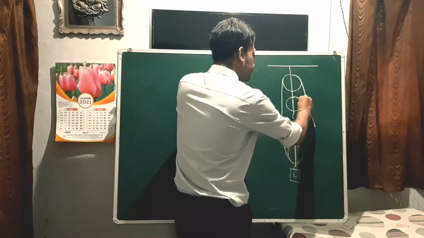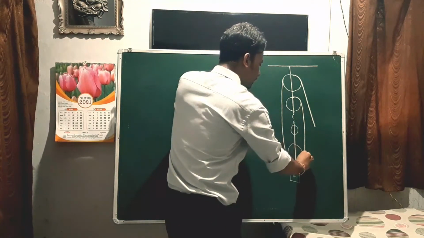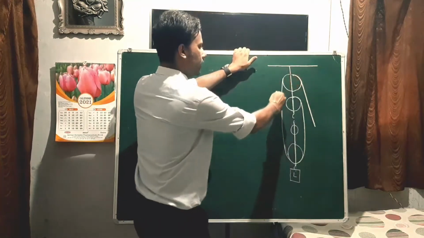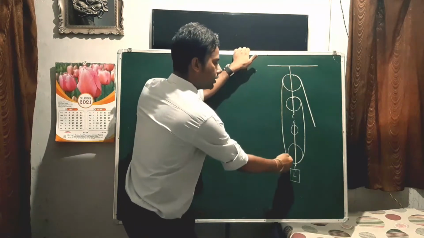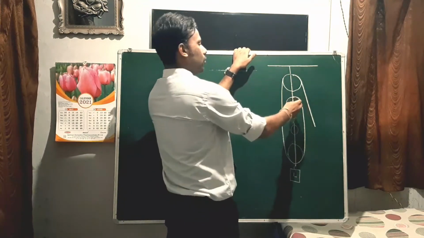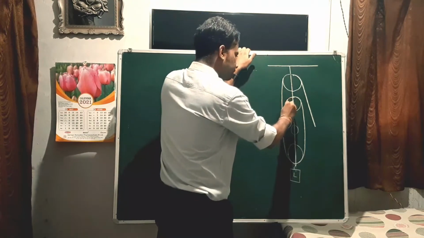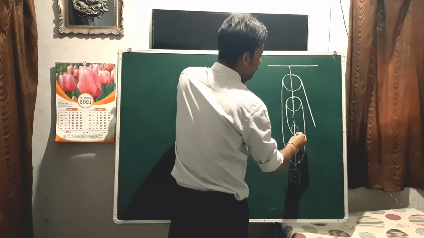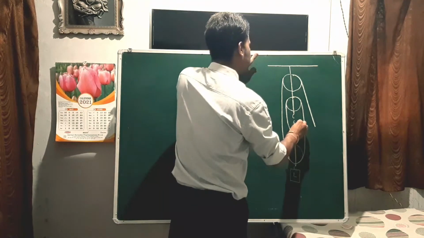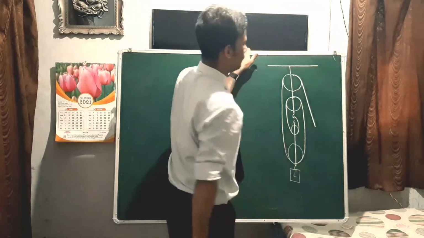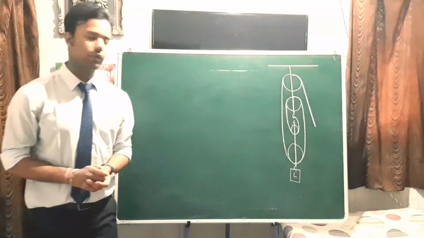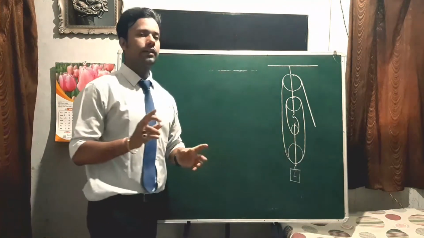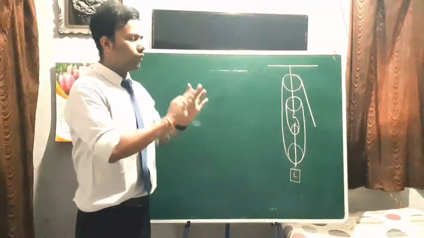It will go like this, right? Simple. We are taking the string from the upper block, then we go to the next pulley in the lower block, then again on the upper block, then we come next on the lower block, right? And finally it will connect by this hook. Okay, so this is the most important thing, how to connect the string in the pulleys. Now the work is easy.